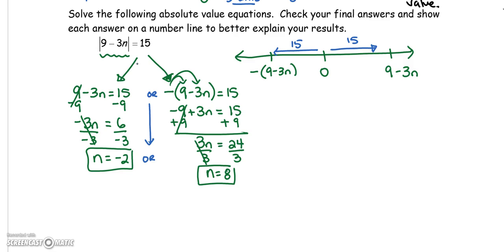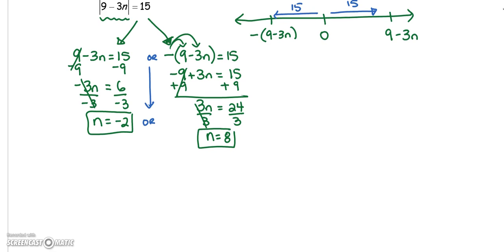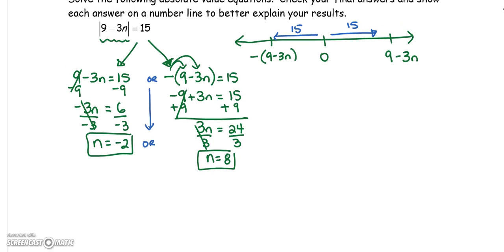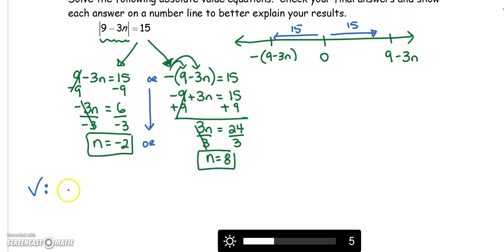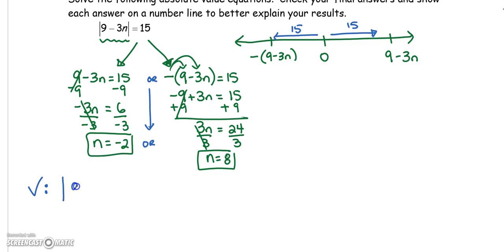So let's go ahead and check our final answers to see if this really does work. So I'm going to go ahead and input both of these into the absolute value that I have. So here's our checking. I like to write a big check there. That's how I know I'm checking the problem. Absolute value of 9 minus 3n equals 15. So let's go ahead and start with negative 2 first. Absolute value of 9 minus 3 times negative 2 equals 15. Is this true?